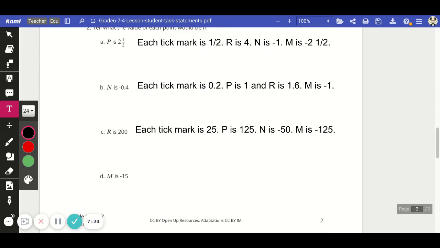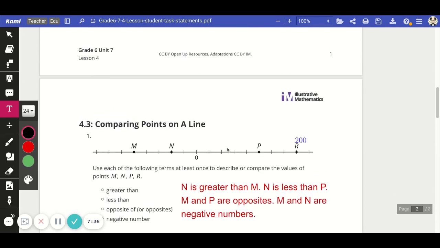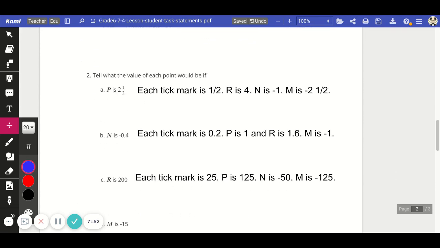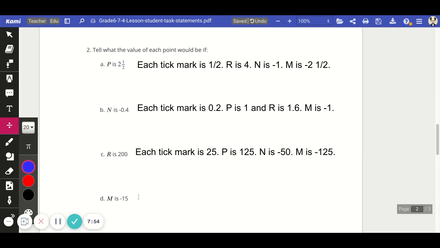That's fine. M is negative 15. So what I have to do is put a negative 15 up here. And I got there by counting 1, 2, 3, 4, 5. 15 divided by 5 is 3. Each tick mark is 3.